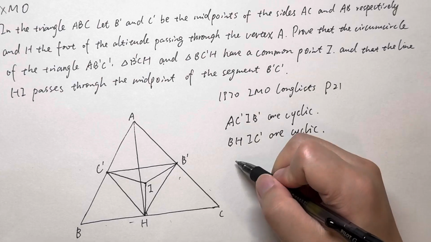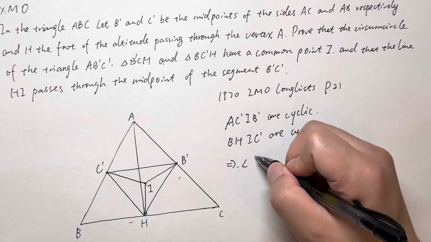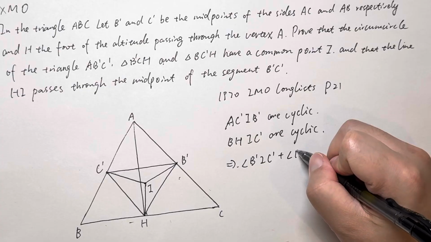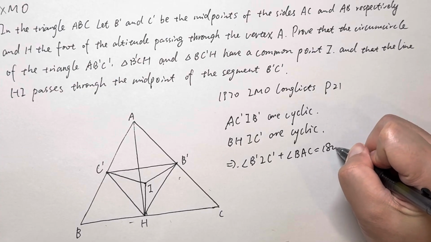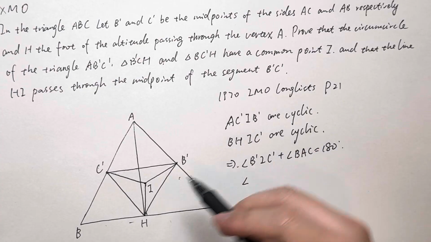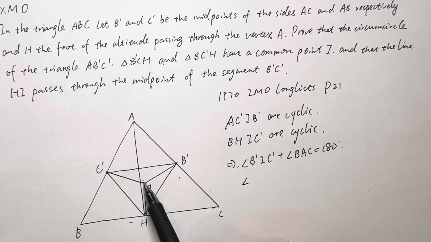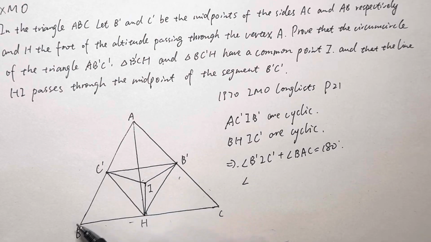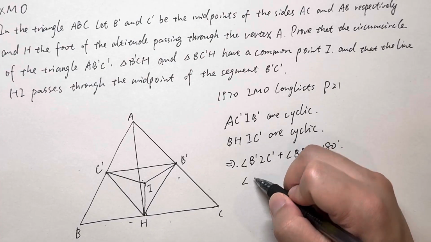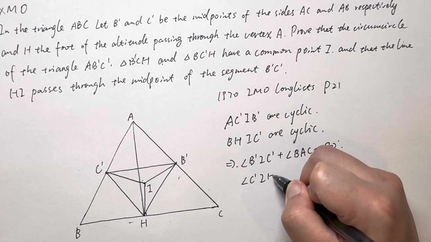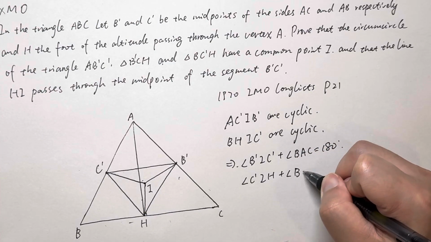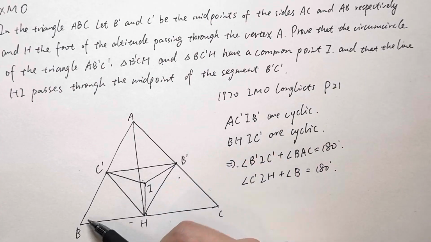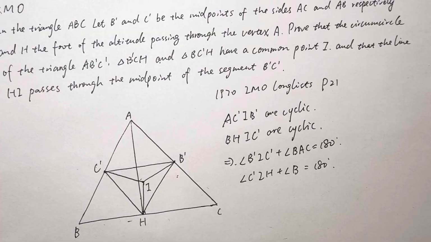That means the angle B'IC' plus angle BAC equals 180 degrees. And because these four points are cyclic, angle C'IH plus angle B equals 180 degrees, right? C'IH is this one, plus this equals 180 degrees.